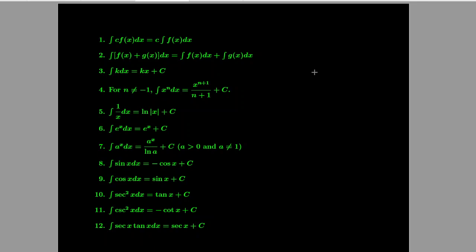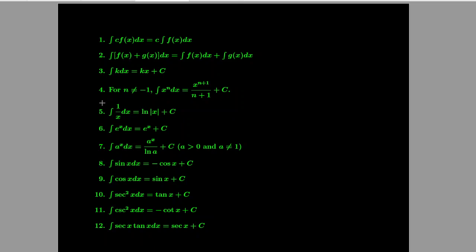The only formula I'm going to make many more comments on is number 4. This is the formula for computing the indefinite integral of power functions. Now remember the exponent n is not equal to -1, because when n is -1, that is the case in item number 5.